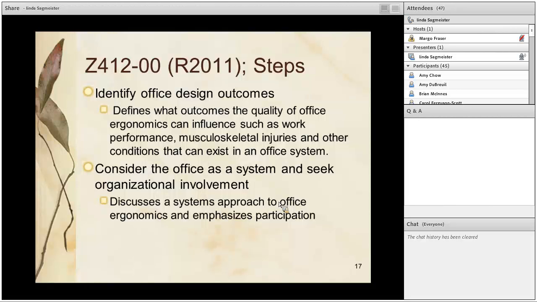It's nicely laid out that way. Then it moves on to talking about ergonomics committees, the types of functions they would serve, and who should be on them. Again, it has the checklist at the end, like they all do.